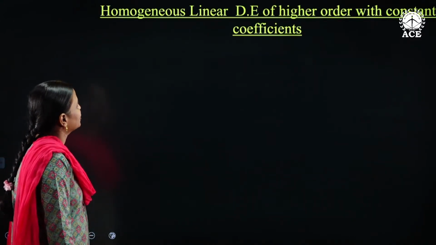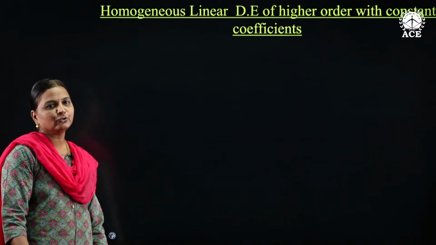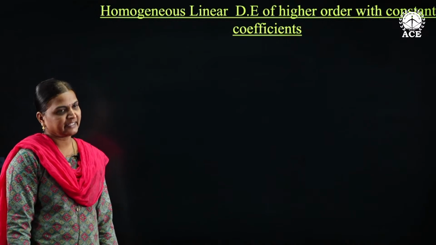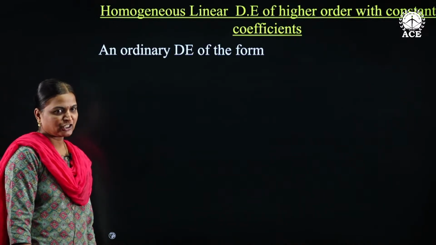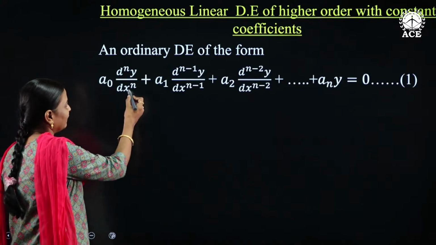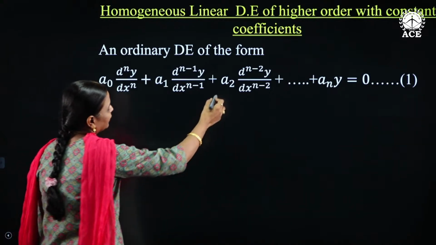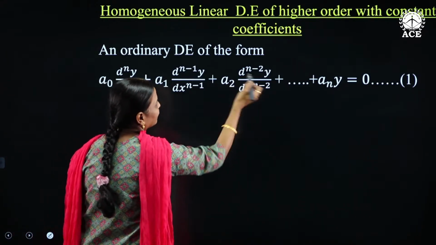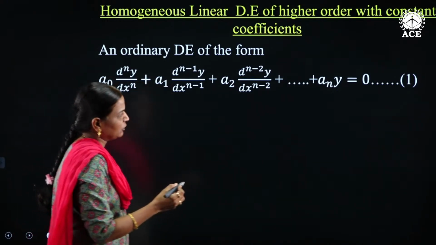So first, the definition: homogeneous linear differential equation. How to write the homogeneous linear differential equation? An ordinary differential equation of the form a0 times the nth derivative of y plus a1 times the (n minus 1)th derivative plus a2 times the (n minus 2)th derivative plus and so on plus an times y is equal to 0.